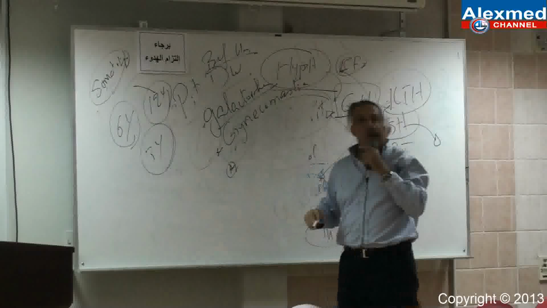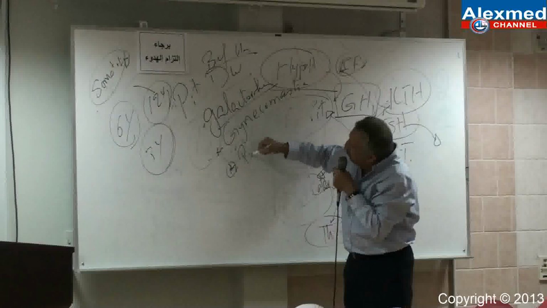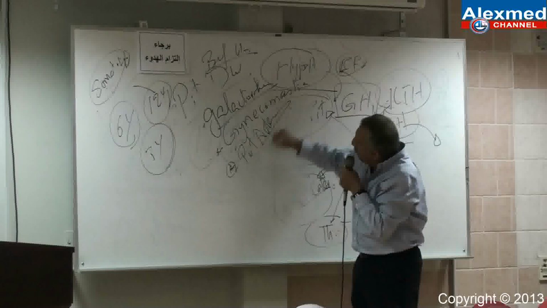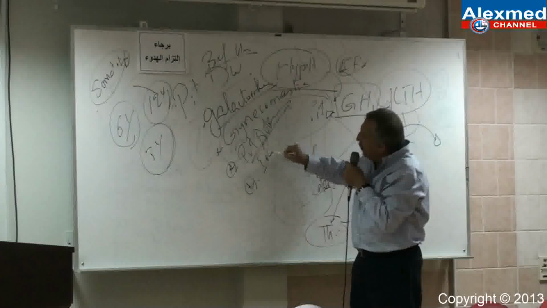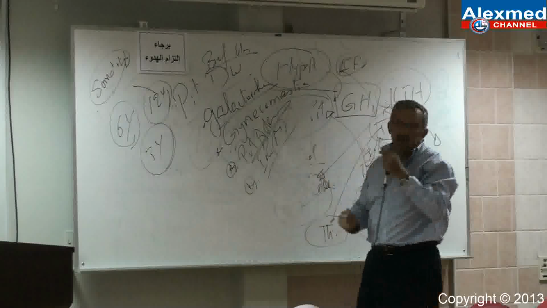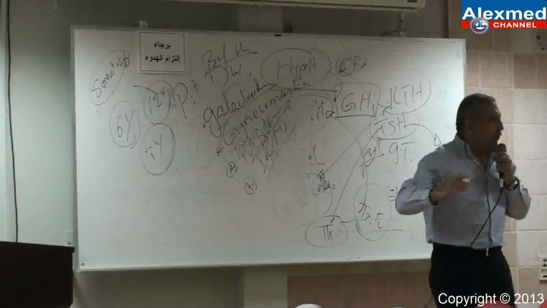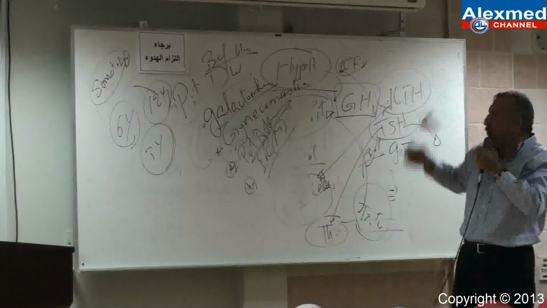We have a disease called pituitary adenoma. We have a disease called irregular menstruation and amenorrhea, meaning no menstruation at all.